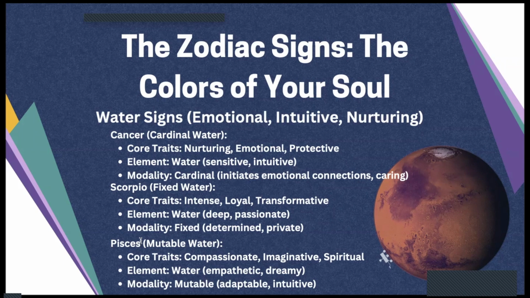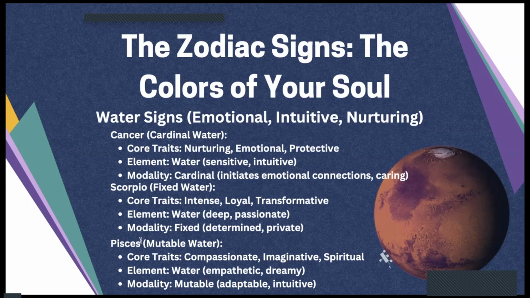They really need to feel psychologically connected to you. A fixed water is like that ice, right? Fixed water is ice. So until they can feel connected to you, you're probably going to see their stinger because they're deep, they're passionate. That's how they express that element of water.